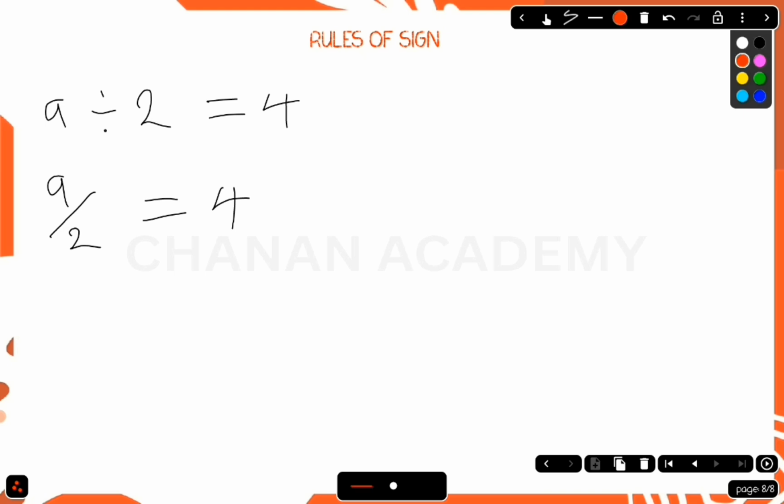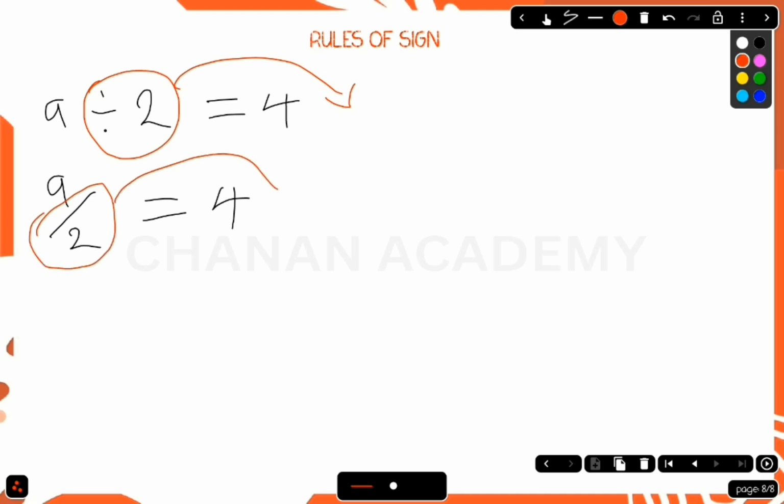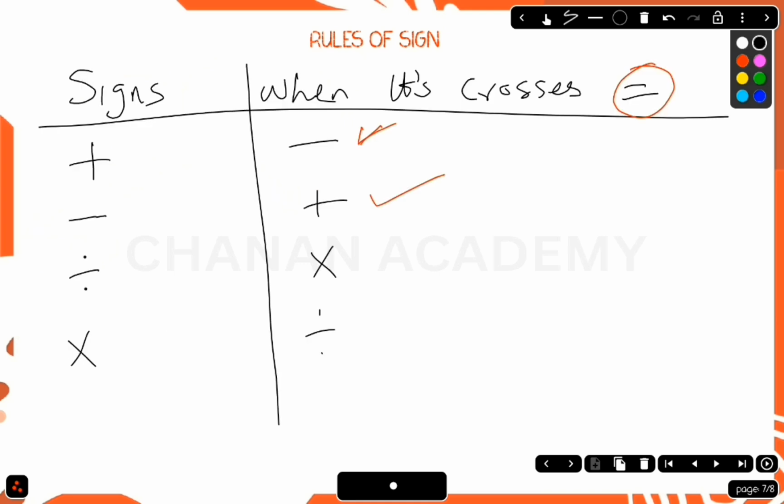In order for this to cross over to the other side, it becomes multiplication. So a is equal to 4 multiplied by 2. Therefore, a is equal to 8. So that's the third rule.